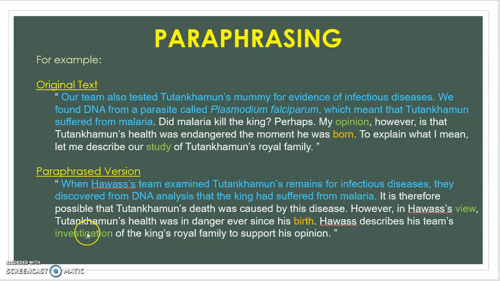And then let's have a look at the word written in orange here. In the original text, the word born is used. However, in the paraphrased version of it, the word birth is used. So here, the writer is using the third technique, which is using different parts of speech of the word.